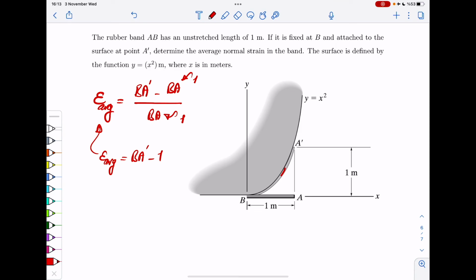If you remember from your mathematics, if you think of a little piece here, it has dy and it has dx.